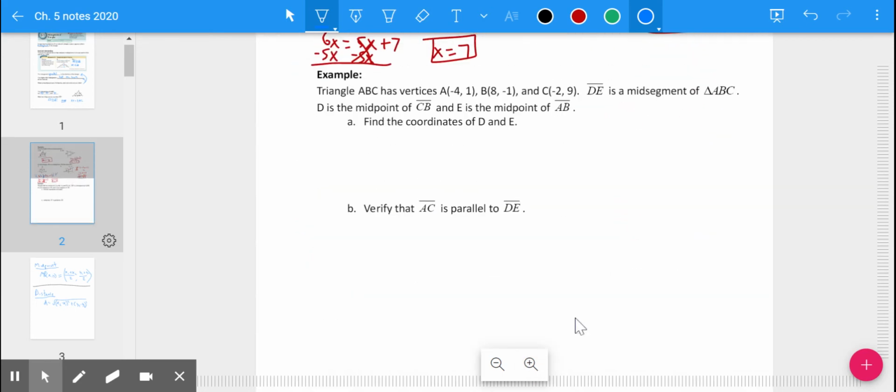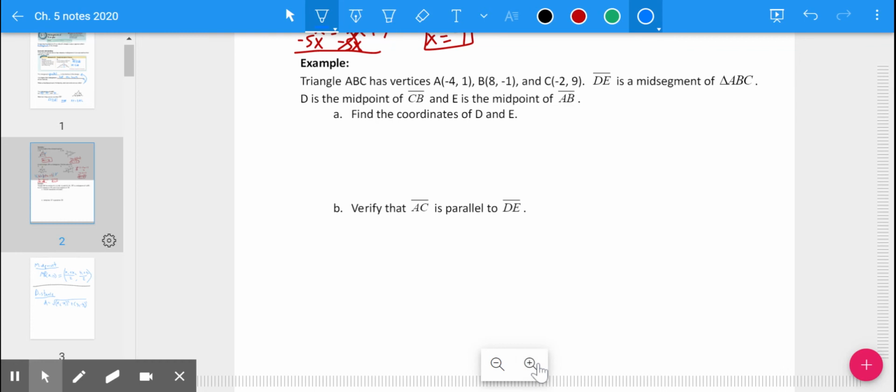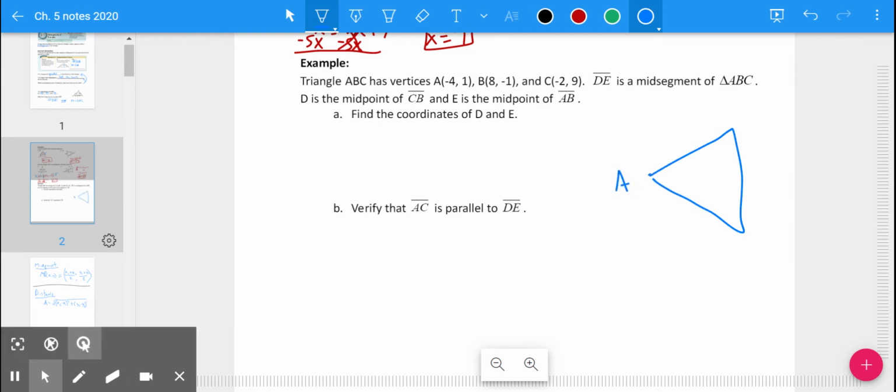So it says triangle ABC has vertices negative 4, 1, 8, negative 1, and negative 2, 9. And DE is the midsegment. So I don't have a graph right here with me. Well, if I know that I have a triangle ABC, I'm just going to kind of draw it out here.